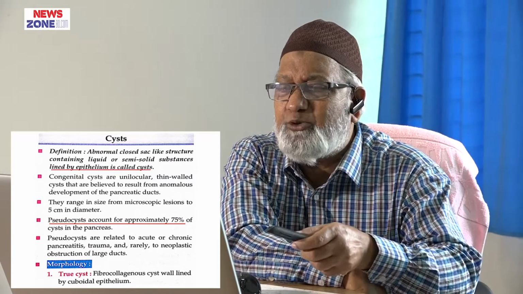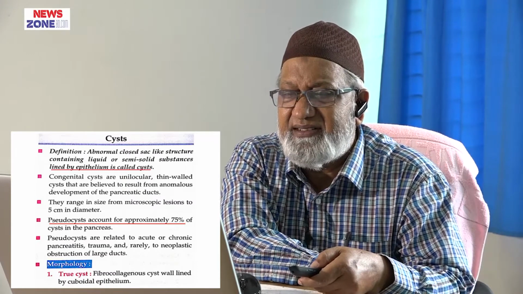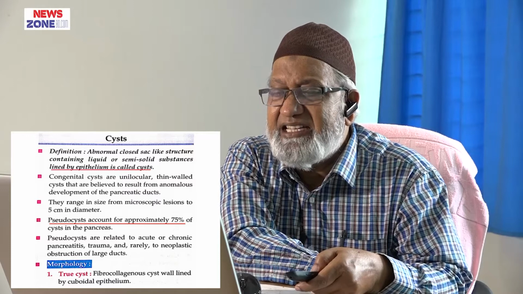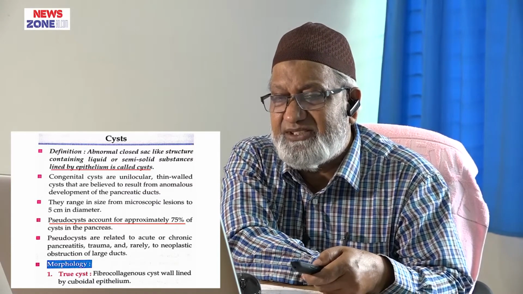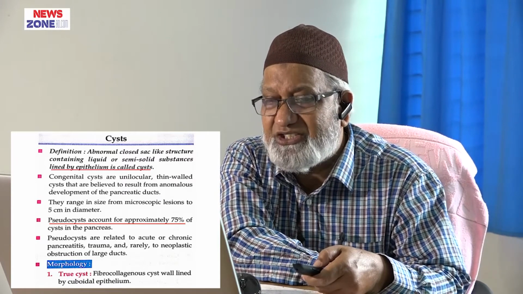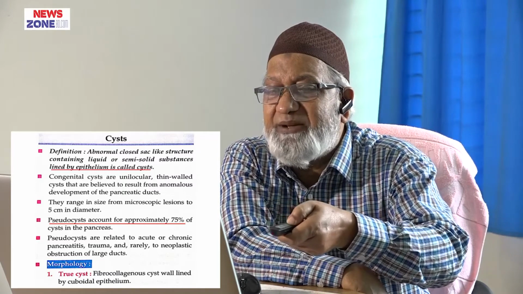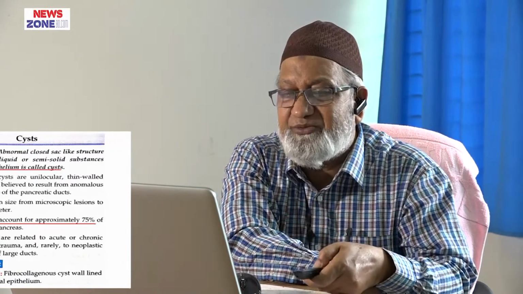Pseudocyst accounts for about 75% of cysts in the pancreas, and a true cyst is a fibrocollagenous cyst wall lined by cuboidal epithelium. But pseudocyst may be related to acute or chronic pancreatitis, trauma, or rarely to neoplastic obstruction of the large ducts, forming a pseudocyst.